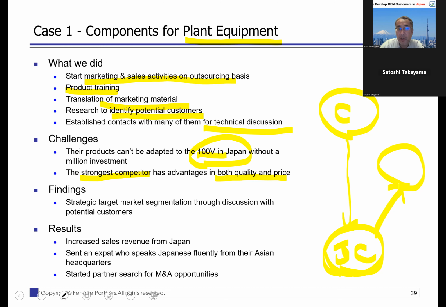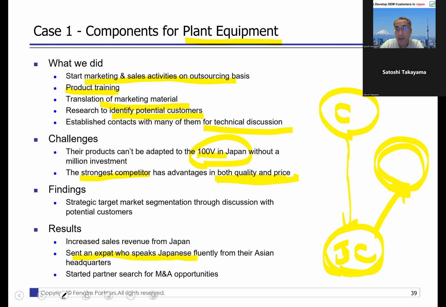And they won a lot of business, even though their competitor has advantages in both quality and price. They won projects due to their strong maintenance network in the Middle East and Southeast Asia. And finally, they hired a Japanese speaker and sent him as an expert to Japan.